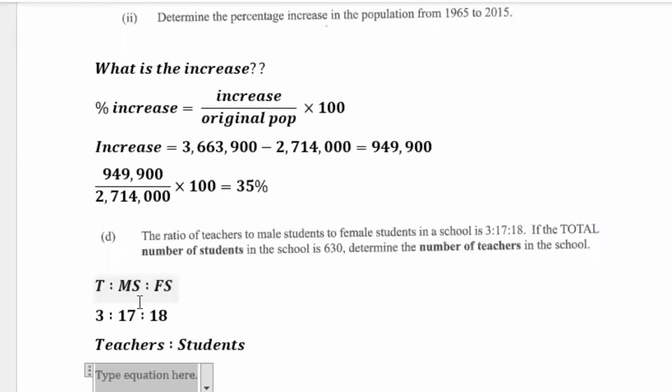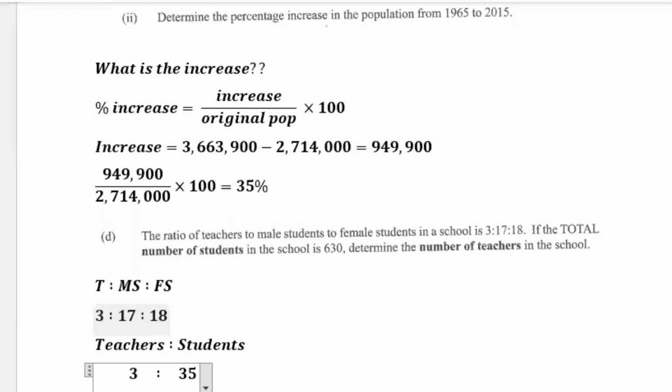That will give us a ratio of 3 teachers to the total number of students. The ratio of students will be 17 plus 18, which gives us 35. So this is the ratio of teachers to students, whether male or female. The total ratio of teachers to students is 3 to 35.